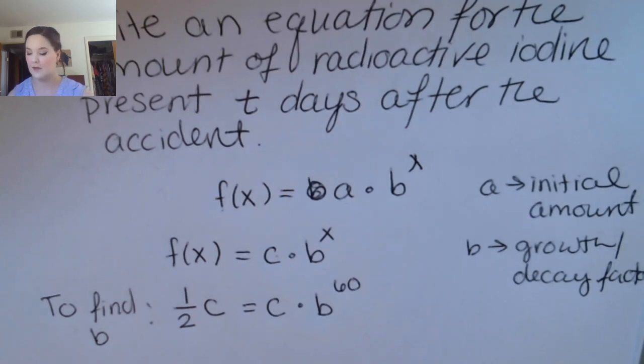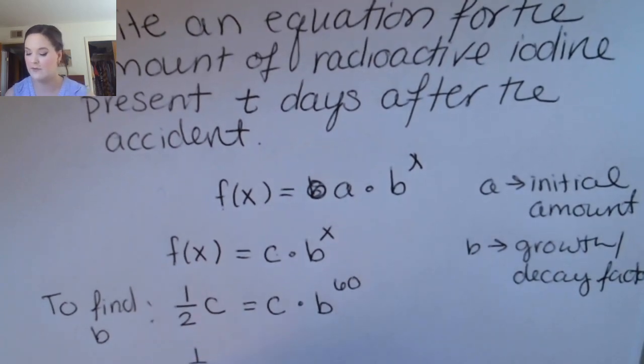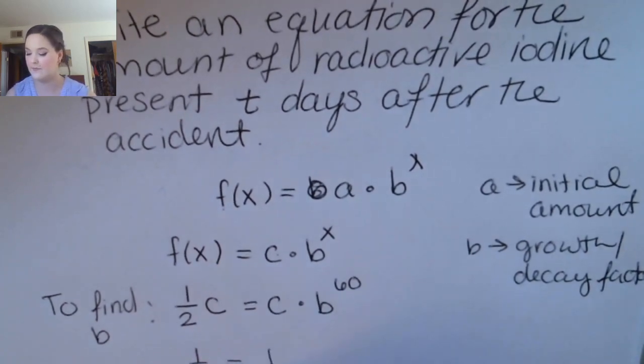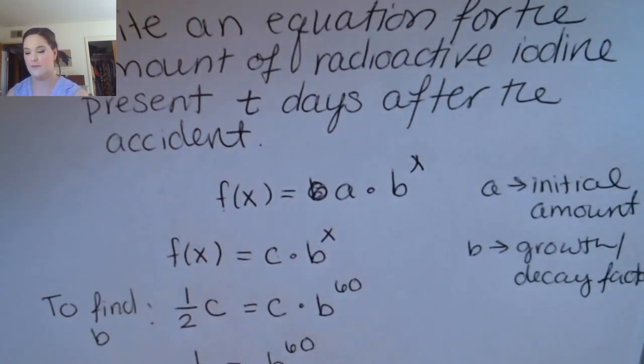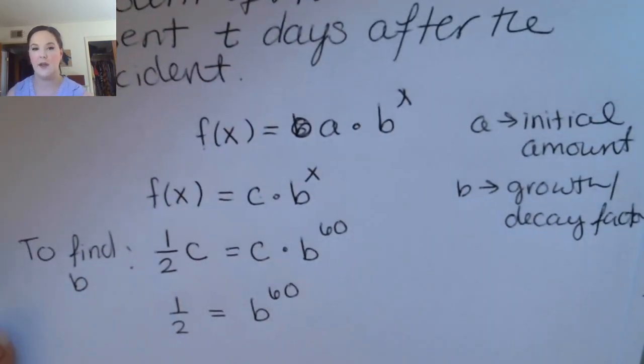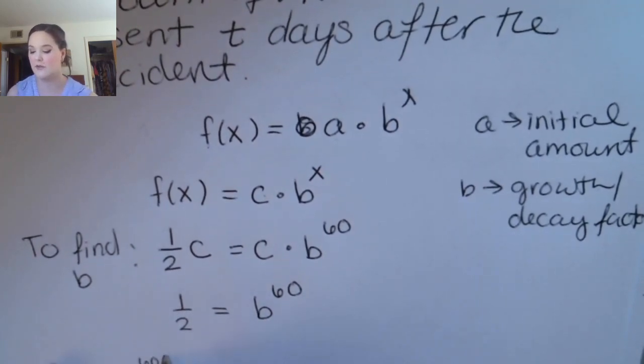All right, so I'm going to divide both sides by C. And then I'm going to get rid of this 60 by taking the 60th root of both sides.